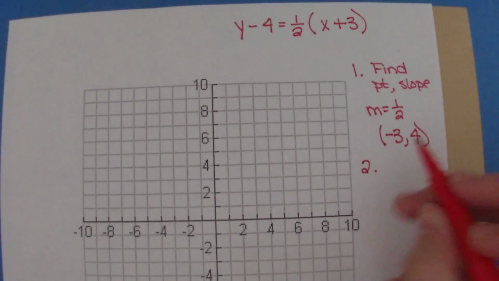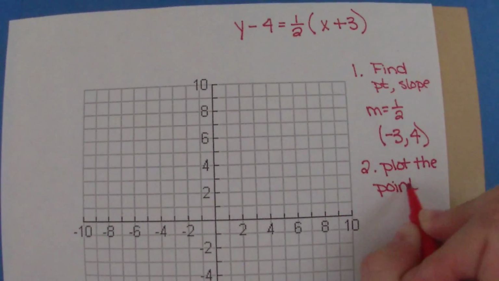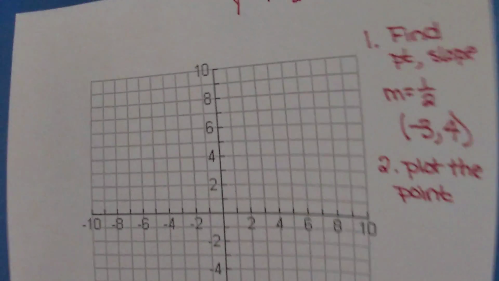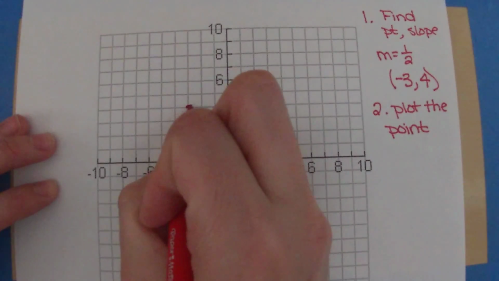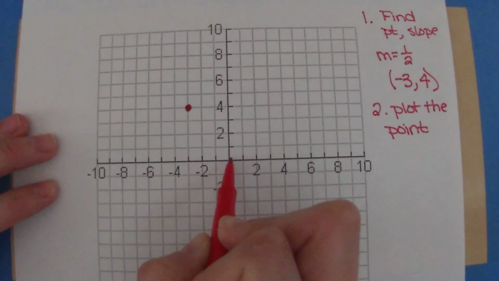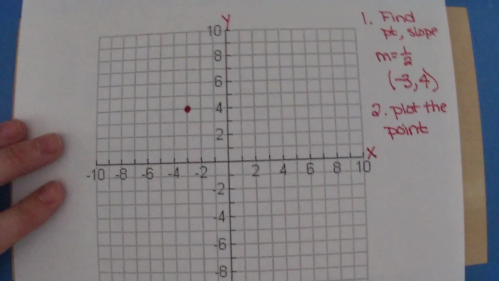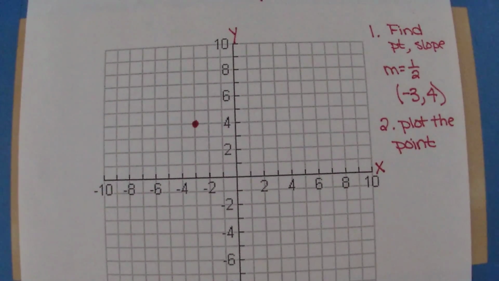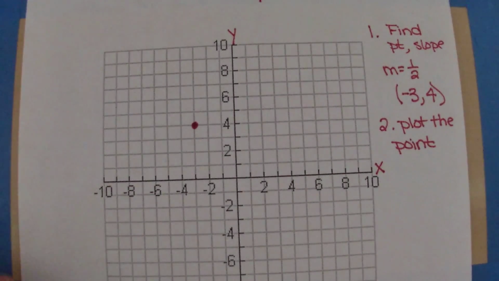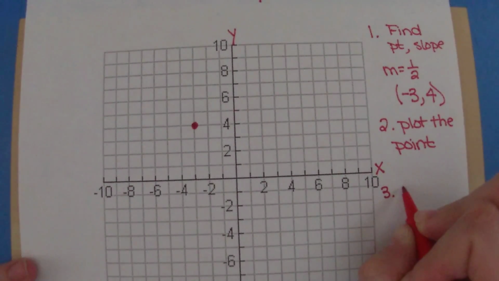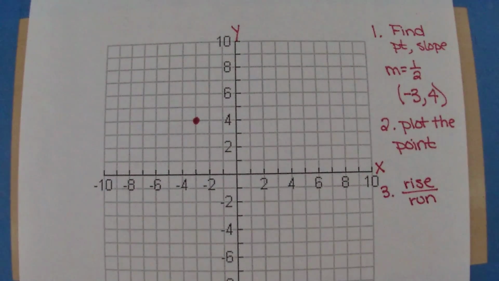My second step is then going to be to plot the point, just like we have been plotting points since we were in elementary school. We will plot the point -3, +4. An ordered pair is always x, comma y. This is our x-axis. This is our y-axis. Once we have that ordered pair, then we are going to just count rise over run, just like we did with slope intercept form.